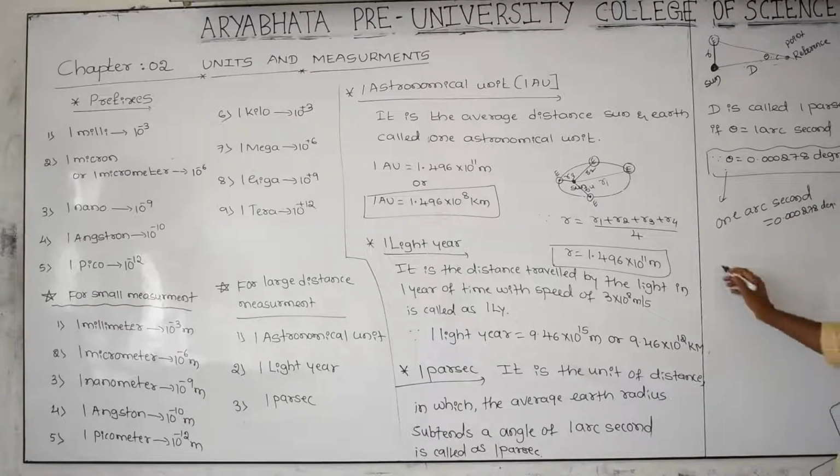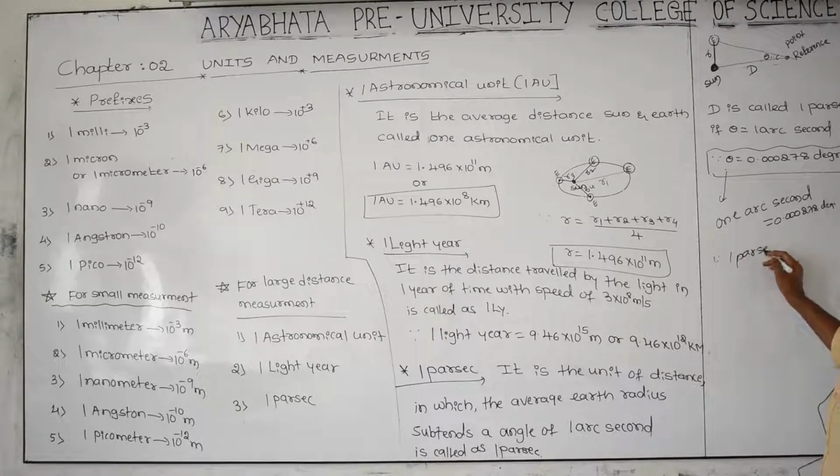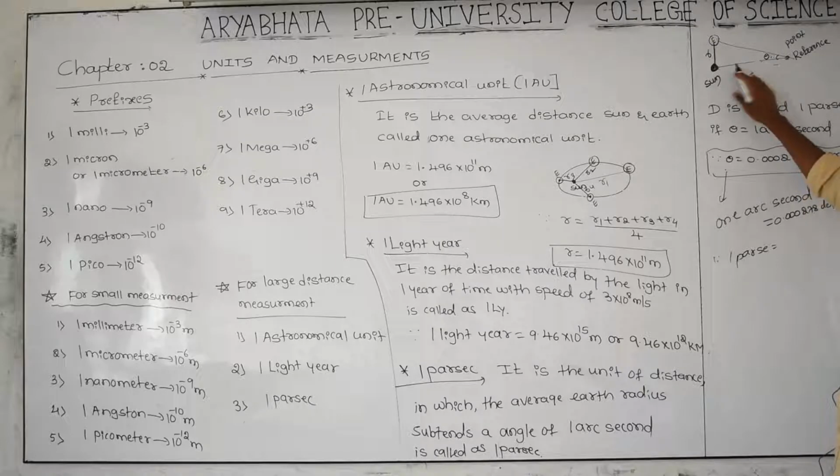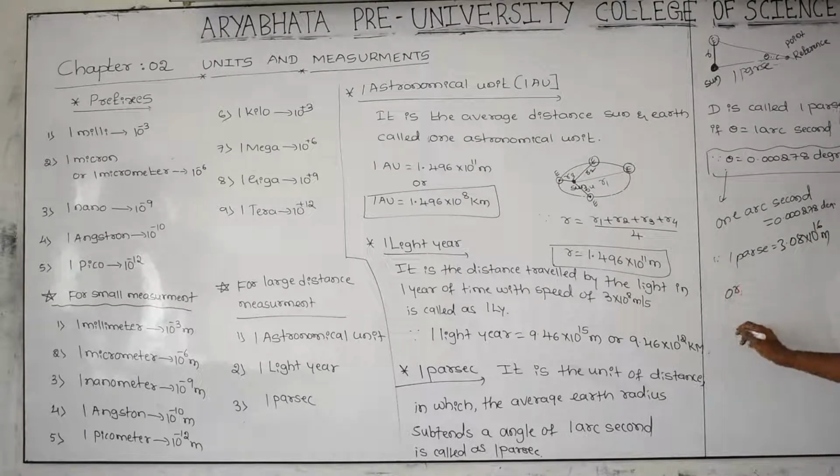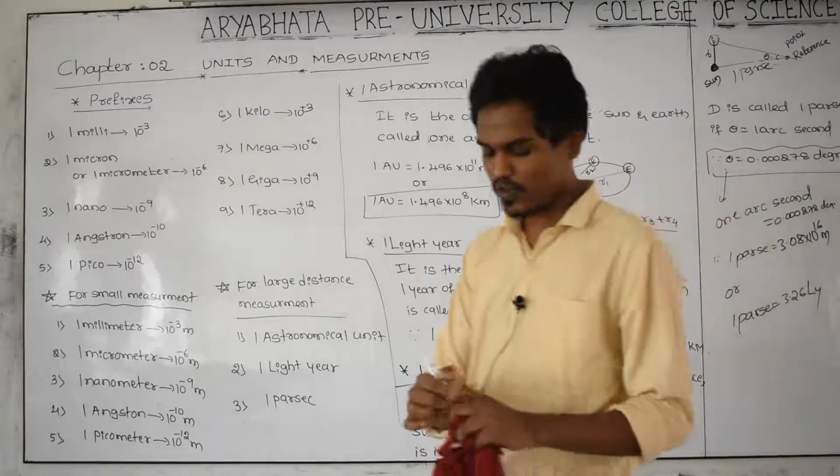Therefore 1 parsec is equal to 3.08 into 10 to the power plus 16 meter, or 3.26 light year. This is actually the value.